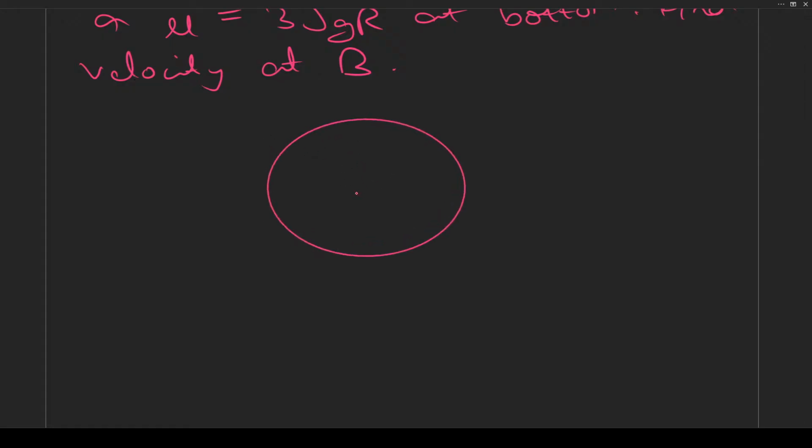There is a circle. This is the bottom of the circle, that is point A. This is u. At point B, 90 degrees. Radius is R. Now what is the velocity at B?